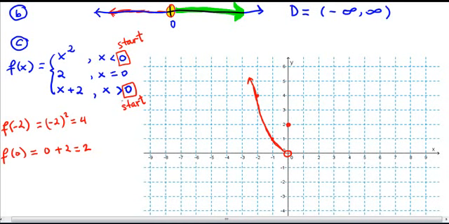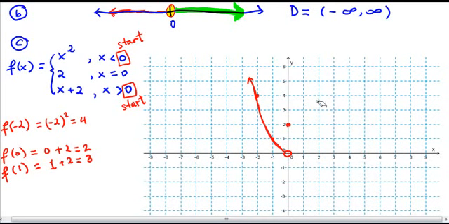So x is 0, y is 2, is this point right here. And then we'll pick another point. I'm going to pick 1. So when x equals 1, I have 1 plus 2, which is 3. Right there. I pick another point. When x equals 2, you put 2 inside here, I have 4. So you can see that the direction of our graph goes this way.